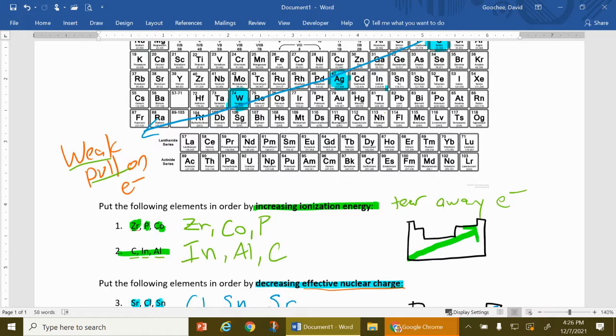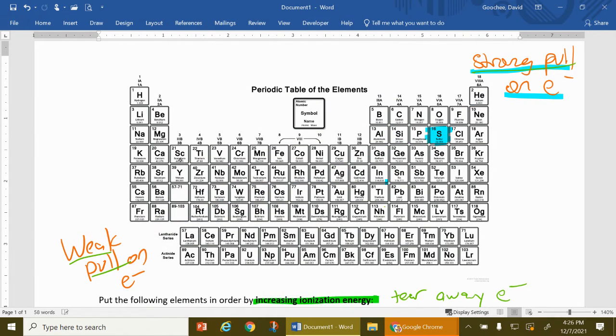So how do we find the trend for increasing atomic radius? Well, once again, elements on the upper right pull very strongly on their outermost electrons, whereas elements on the bottom left pull weakly on their outermost electrons. And what that means is that the atoms in the top right are going to be small, because the nucleus is pulling so strongly on the electrons that it pulls them in closer, pulls them in tighter, and shrinks the size of that atom.